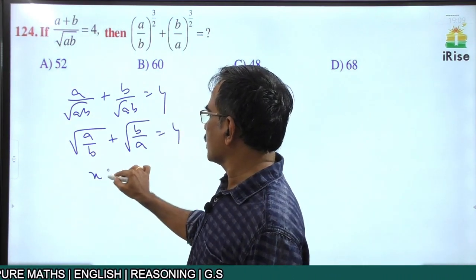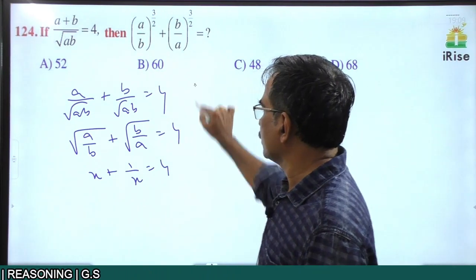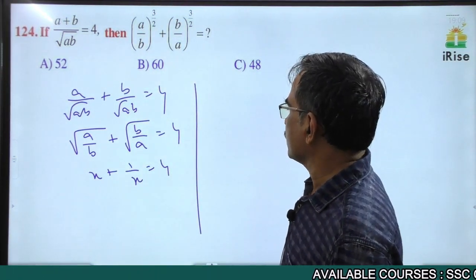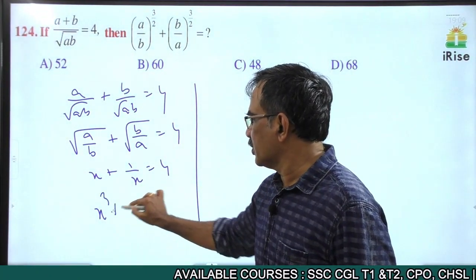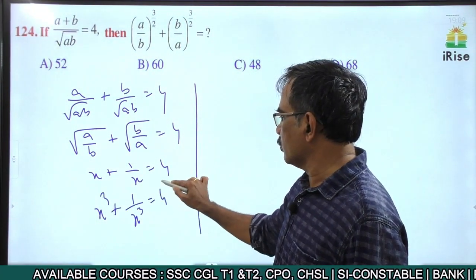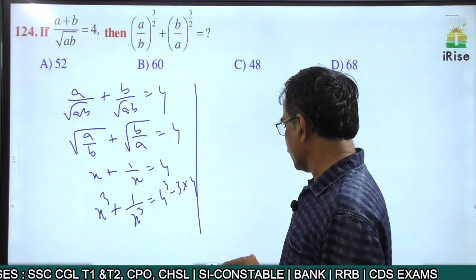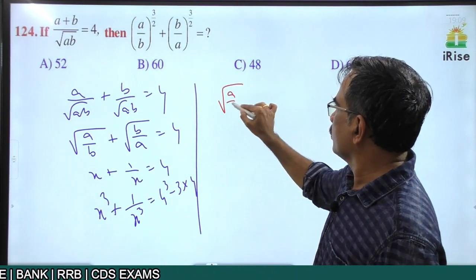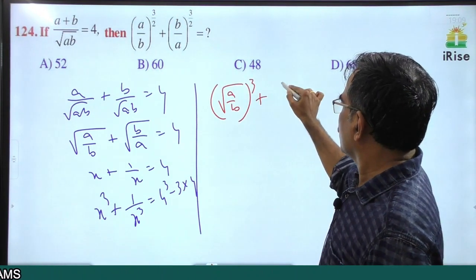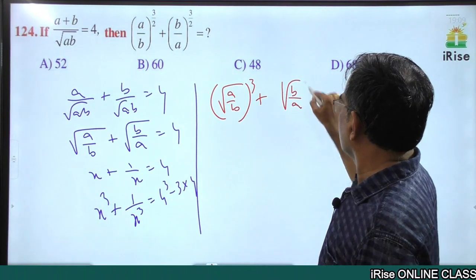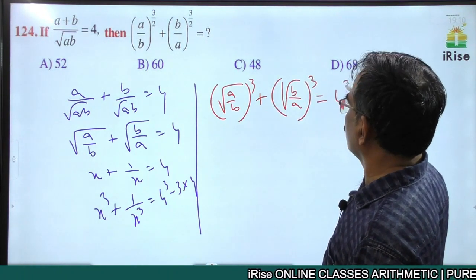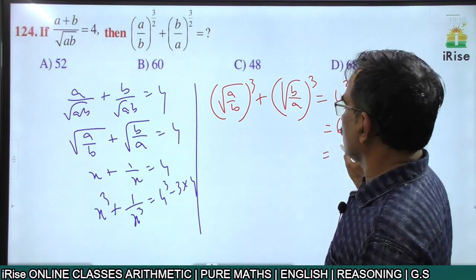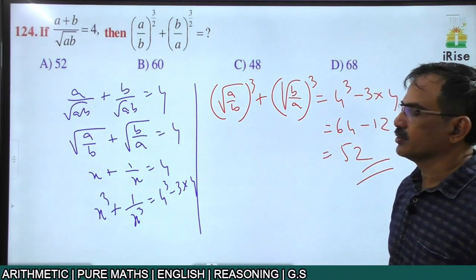This is in the form of x + 1/x = 4. If x + 1/x is 4, then x³ + 1/x³ is equal to 4³ − 3 into 4. What is x? x is nothing but (√(a/b))³ + (√(b/a))³ is equal to 4³ − 3 into 4. 64 − 12, 52 is the answer.